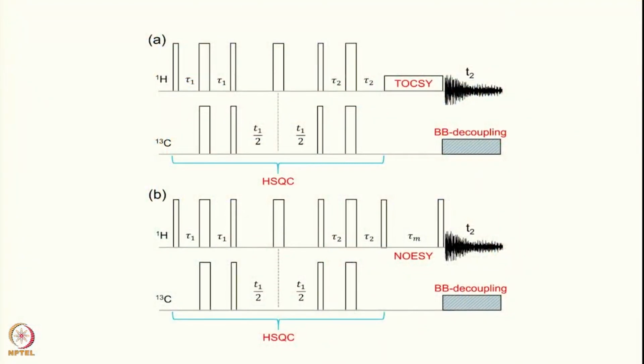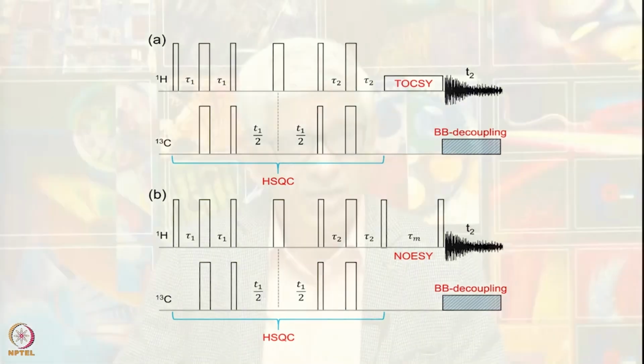Okay. So having done that, we also discussed earlier that we can make use of this strategy and combine it with other 2D experiments like the TOCSY and the NOESY. The HSQC spectra gave you only the amide proton chemical shifts and the N15 chemical shifts, but the amino acids have other protons as well along the side chains and along the backbone, the alpha protons, the beta protons, the gamma protons and things like that.